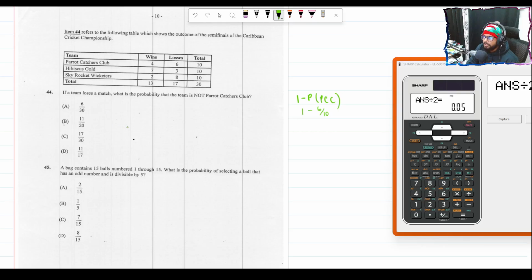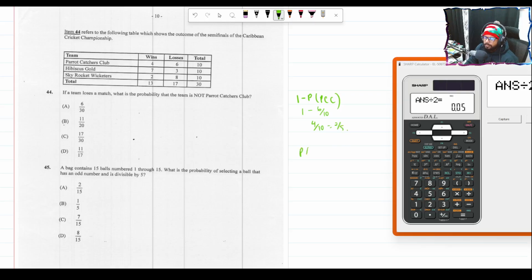Or this is a conditional probability question, I believe. If a team loses, what's the probability that it is not Parrot Catchers Club? The probability that it is Parrot Catchers Club is 4/10, which is 2/5.